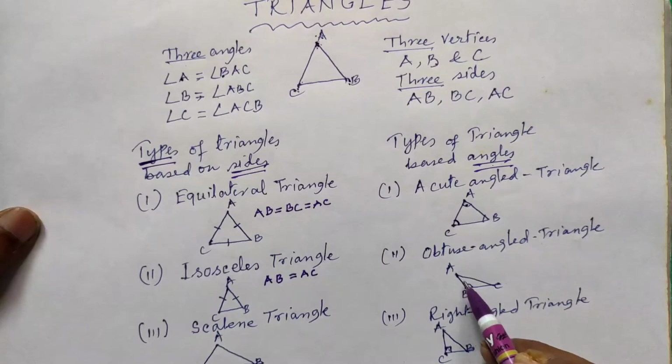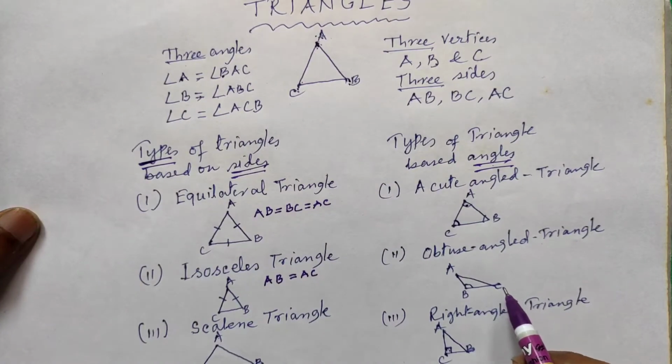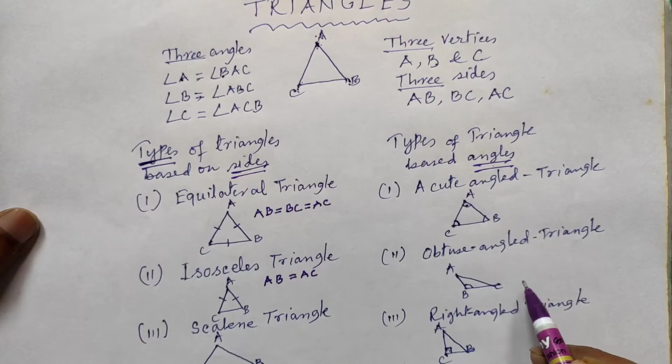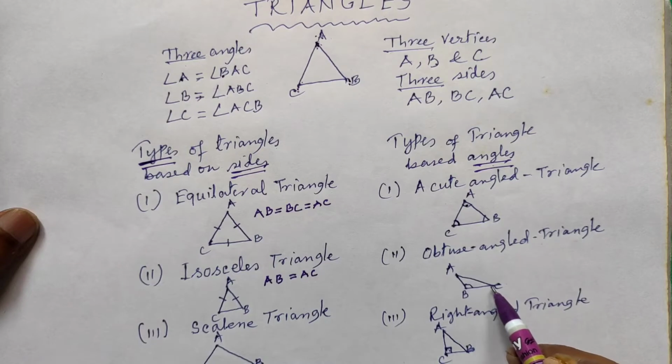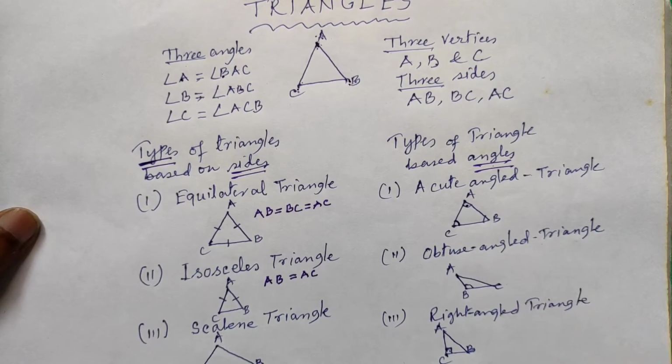So this can be 110 degrees, this can be angle B. Then what is remaining? 180 minus 110, that is 70 remaining. That means 70 divided by 2 is 35 and 35. These two will be 35 and 35 degrees.